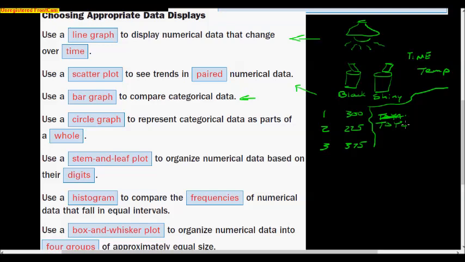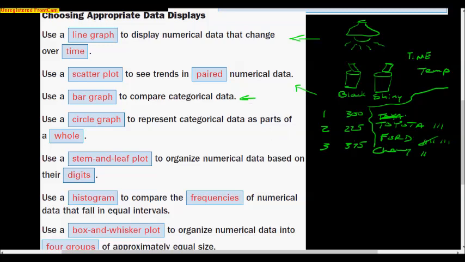All right, Toyota, and you have Ford, and you have Chevy, and you count how many of them go by, how many Toyotas, how many Fords, etc., how many Chevys. Maybe you see only 2 of those. And so you have some non-numerical data over here and some numerical data here.